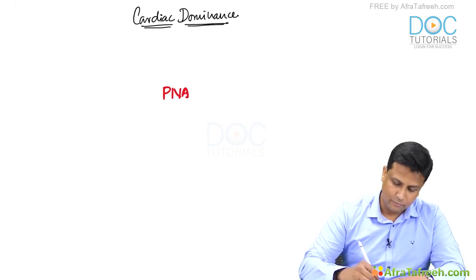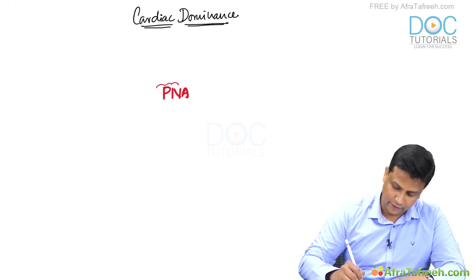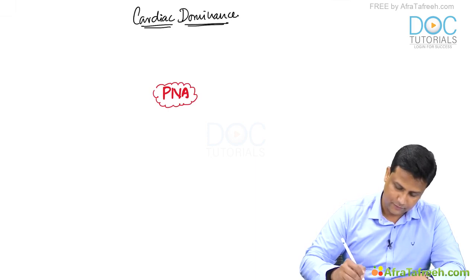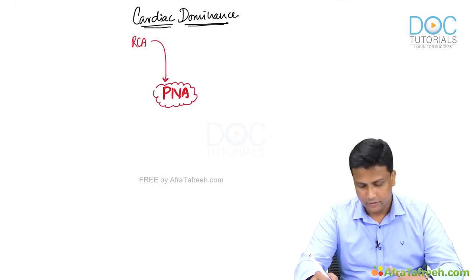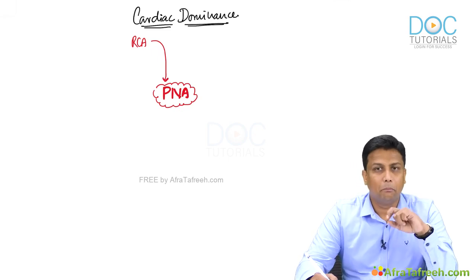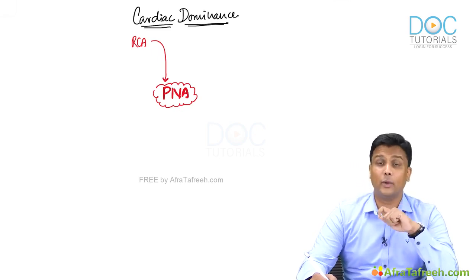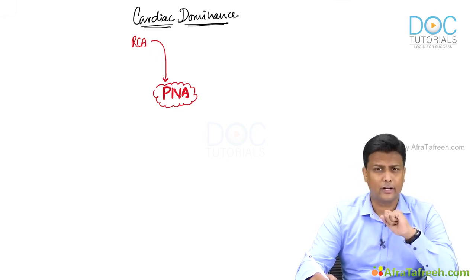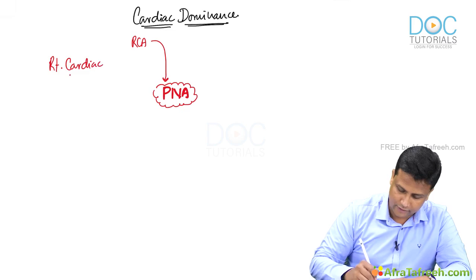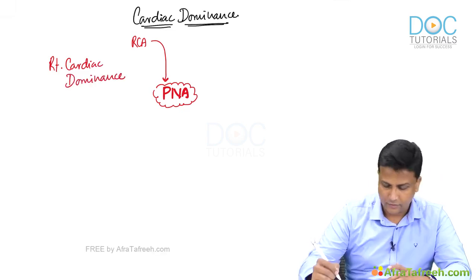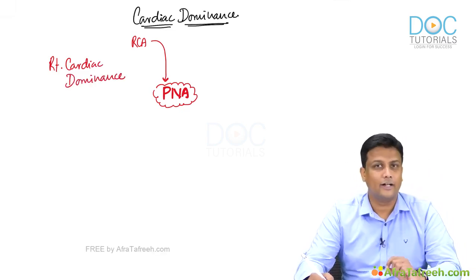Recall in your minds, the posterior interventricular artery is a branch of the right coronary artery. So in most people, the posterior interventricular artery is a branch given by the right coronary artery, and these people are said to have right cardiac dominance.